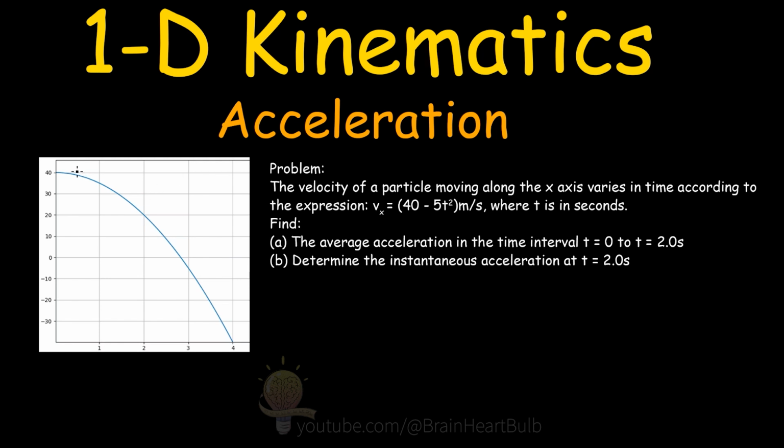So this is our plot of the expression here. And you can see we have the zero line here, and at time equals 0, our velocity is 40 meters per second, and this is time.